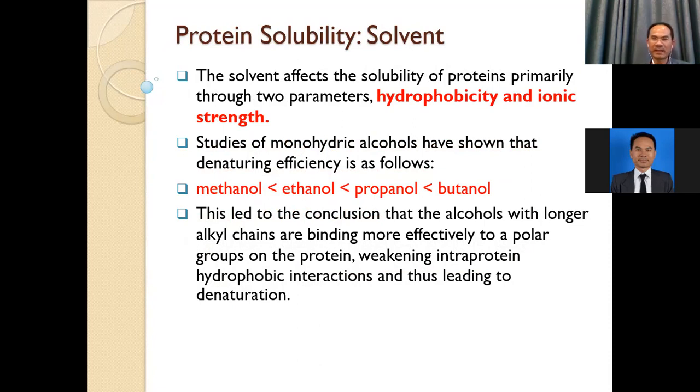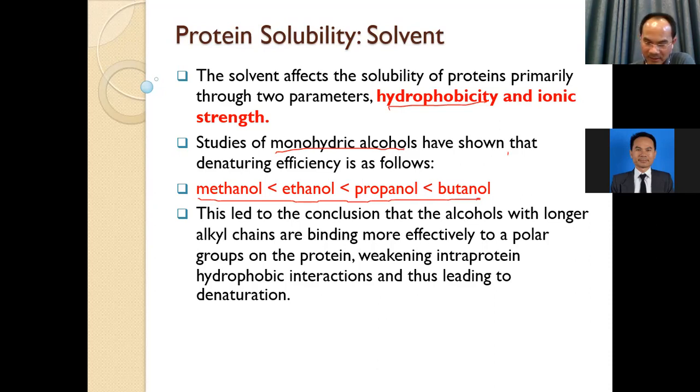The solvent affects the solubility of protein through two parameters: hydrophobicity and ionic strength. If we consider the monohydric alcohols, methanol is less effective than ethanol, propanol, and butanol in affecting the solubility.